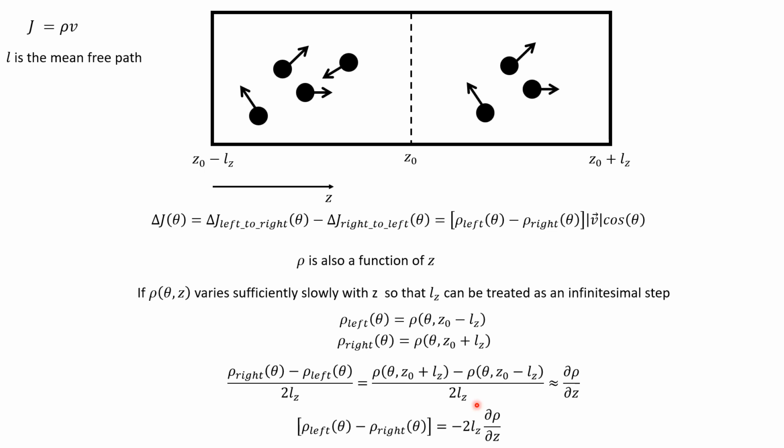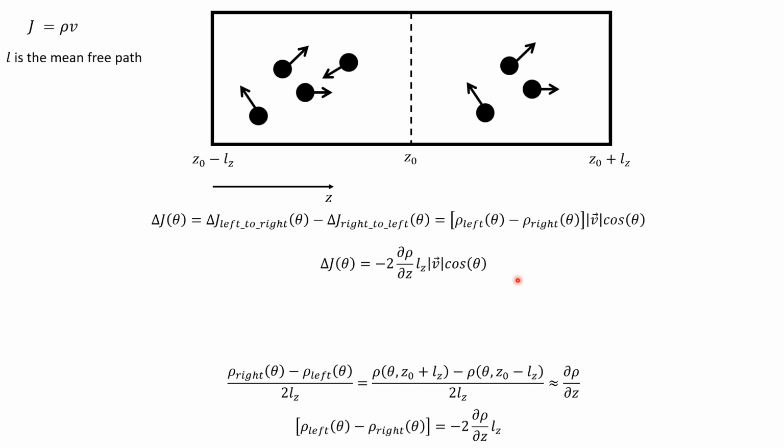But notice that this is only valid if our assumption that this function varies slowly with z is true, and this is a physical assumption. And it is usually the case that this physical assumption is valid, and for our purpose we can safely assume that it will be valid.